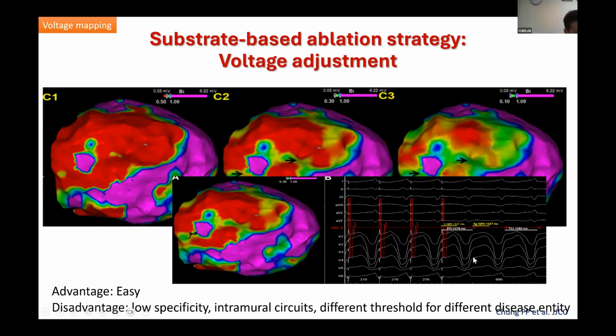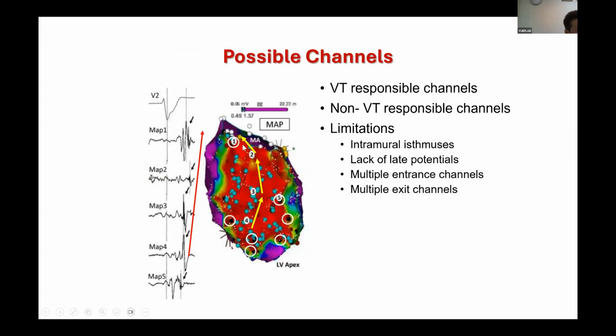In this case, you could finally define the channels here, also confirmed by the concealed entrainment. So the good thing is that it's very easy. Later on, based on the voltage mapping, we could also annotate the late components, and we highlight these as probably the potential channels.